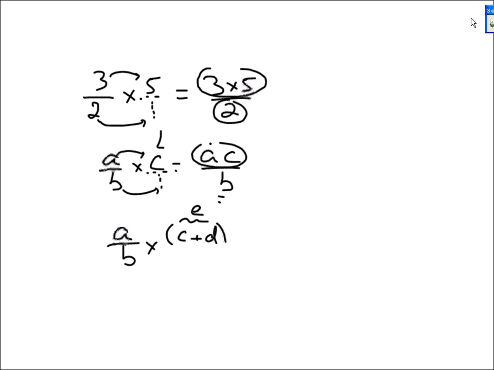Just think of it as e. So it's a times e, or a times c plus d over b. You see the 1 there, and b times 1 is b.